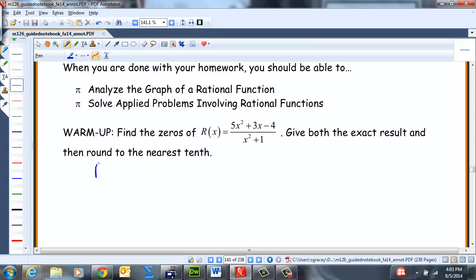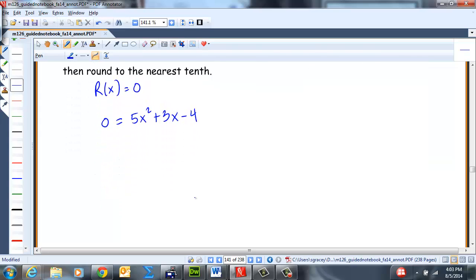If I set r of x equal to 0, I will find the zeros of the rational function, which will also be the x-intercepts. So let's go ahead and I think I'll use the quadratic equation, or quadratic formula.